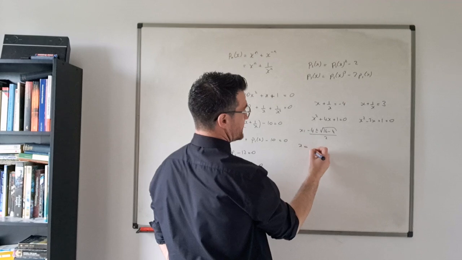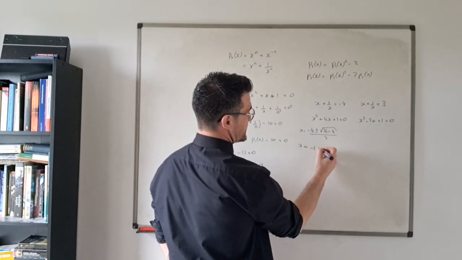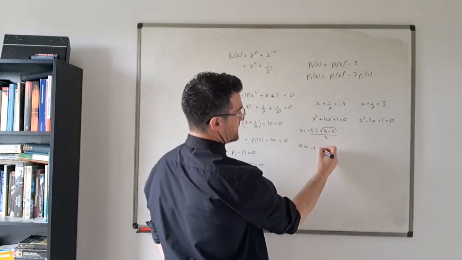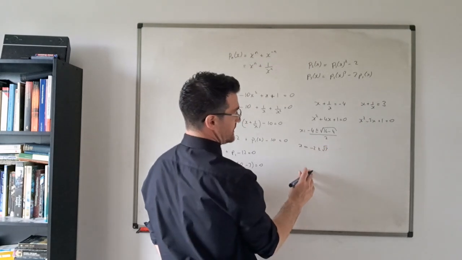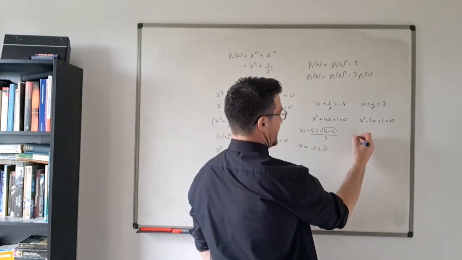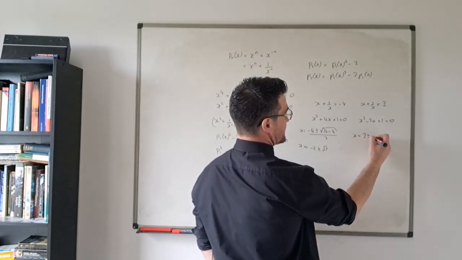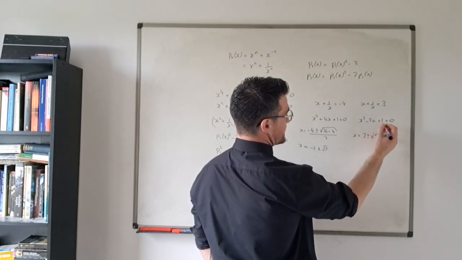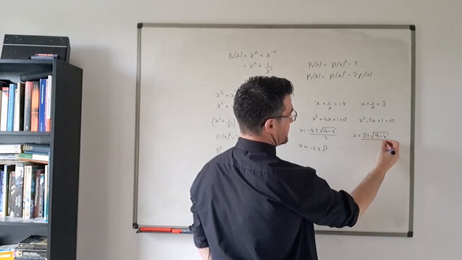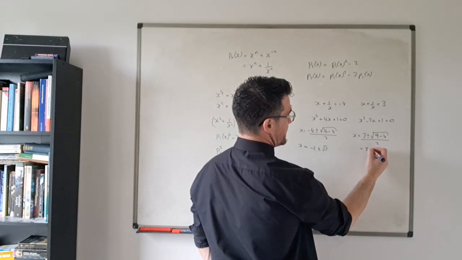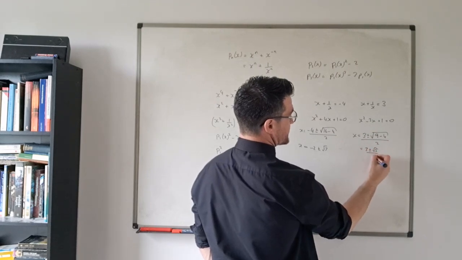So x equals minus 2 plus or minus root 3. And this x equals 3 plus or minus the square root of 9 minus 4, over 2, which is 3 plus or minus root 5 over 2.